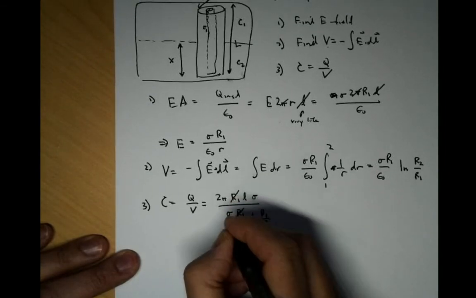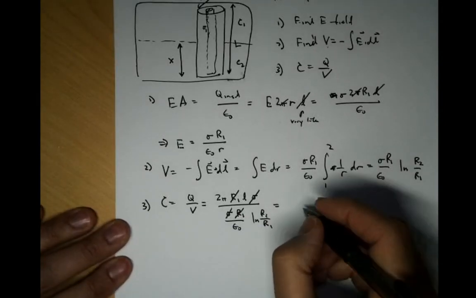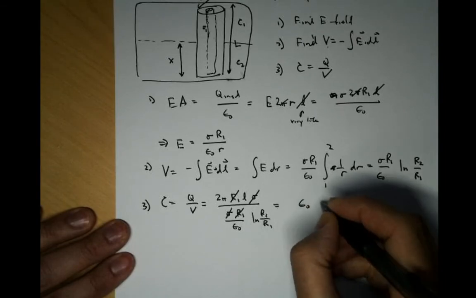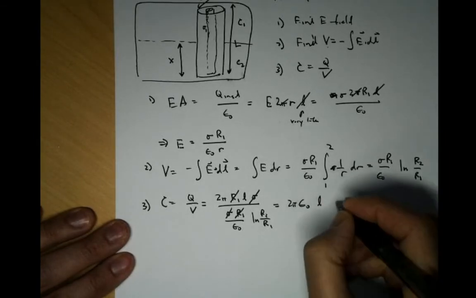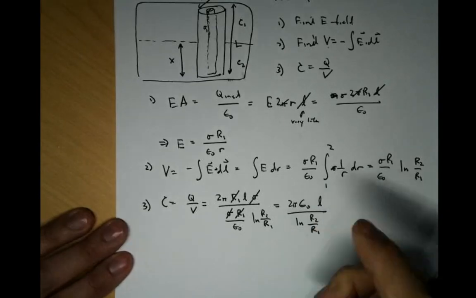This will kill that, that will kill that, right? So this is just going to be equal to 2 pi epsilon naught L over logarithm r2 over r1, okay?